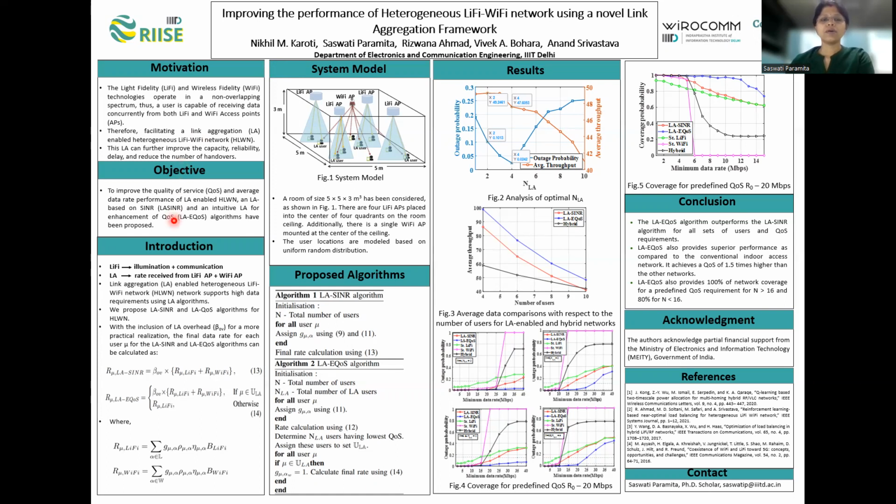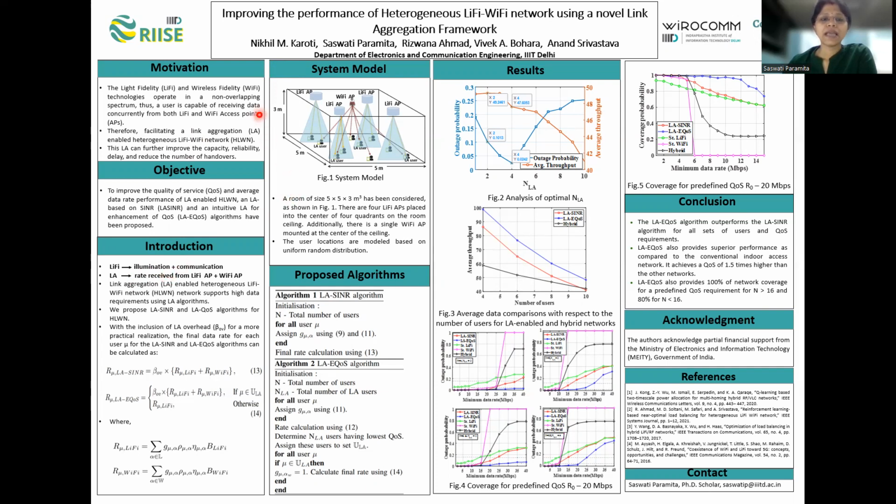Before going to explain in detail, let me introduce LiFi a little more. LiFi is a technique which uses illumination and communication together by using the existing infrastructure of the illumination system in the indoor scenario.